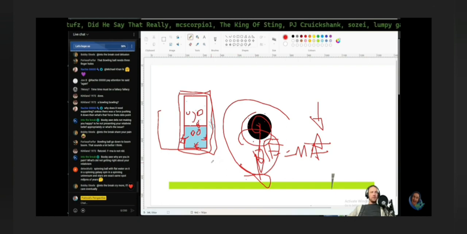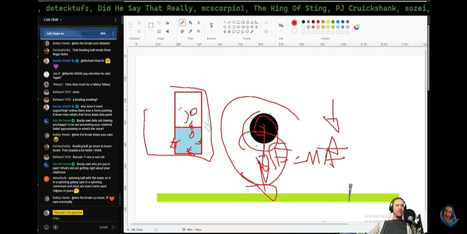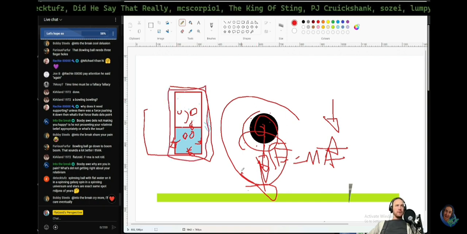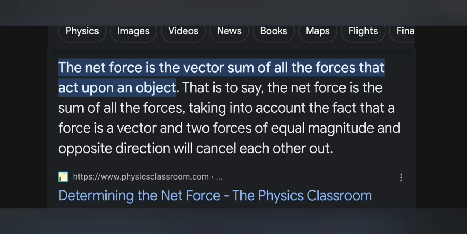So why then is it going down? Where this net force is exactly the same as that net force, the same as that net force. They all have zero net force. The net force is the vector sum of all the forces that act upon an object. That is to say, the net force is the sum of all the forces, taking into account the fact that a force is a vector and two forces of equal magnitude and opposite direction will cancel each other out.